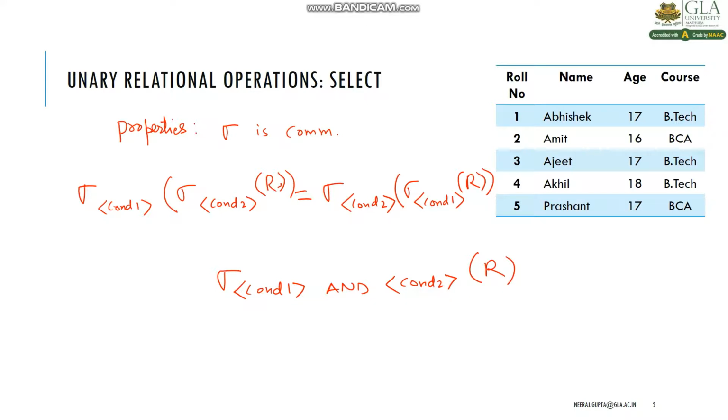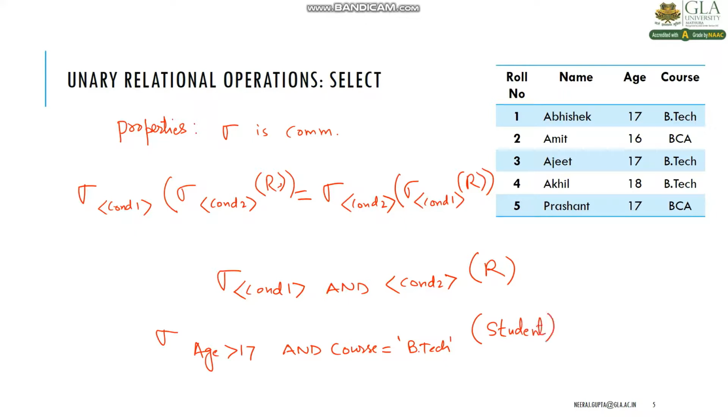So suppose I would like to find out the details of students whose age is greater than 17 and who are BTech. So I can write it this way: sigma age is greater than 17 and course equal to BTech for the relation student.